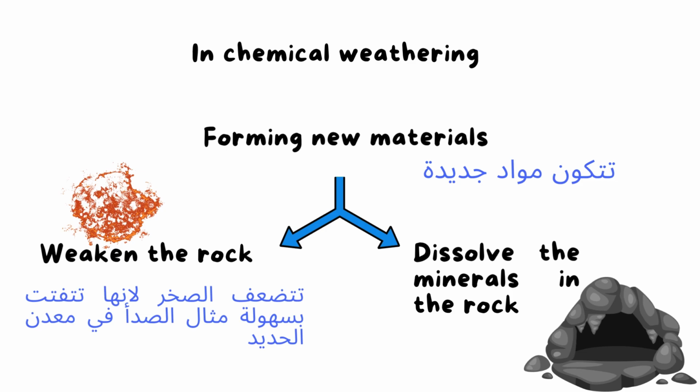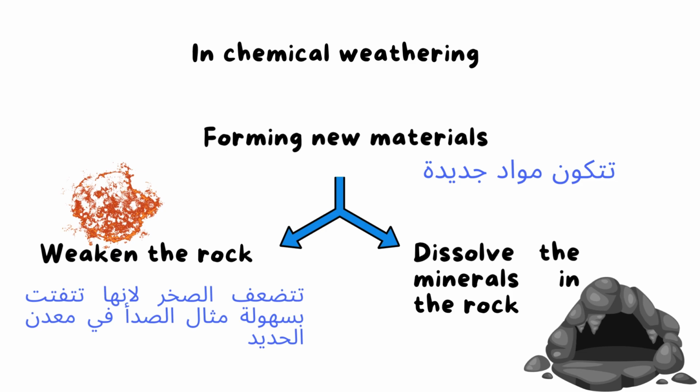If this iron reacts with the oxygen gas, it will form a new material that weakens the rock and causes it to break down, okay? This is about how the new substance weakens the rock.